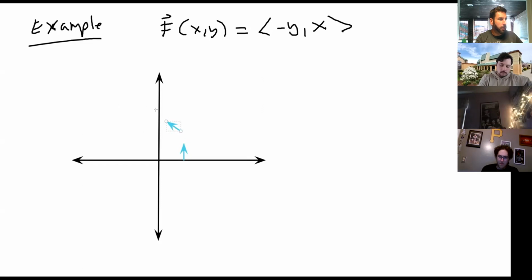And then if I plug 0, 1 in, I get this. And so what happens is you end up getting these rotations. And the further away you move from the origin, the longer the arrows become.